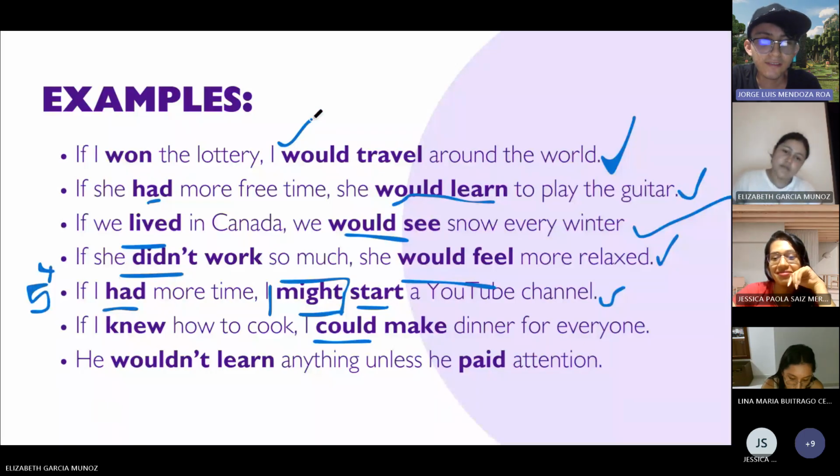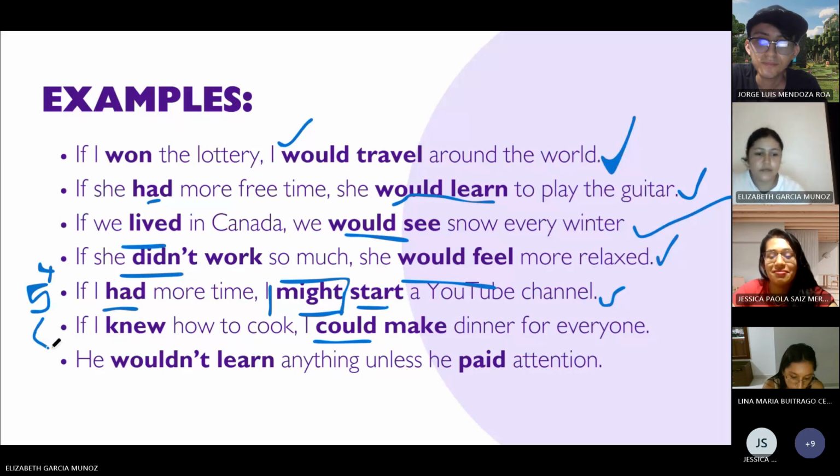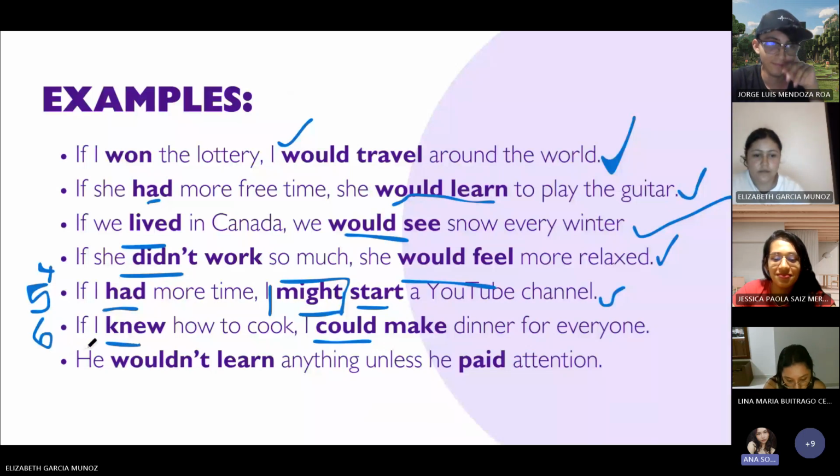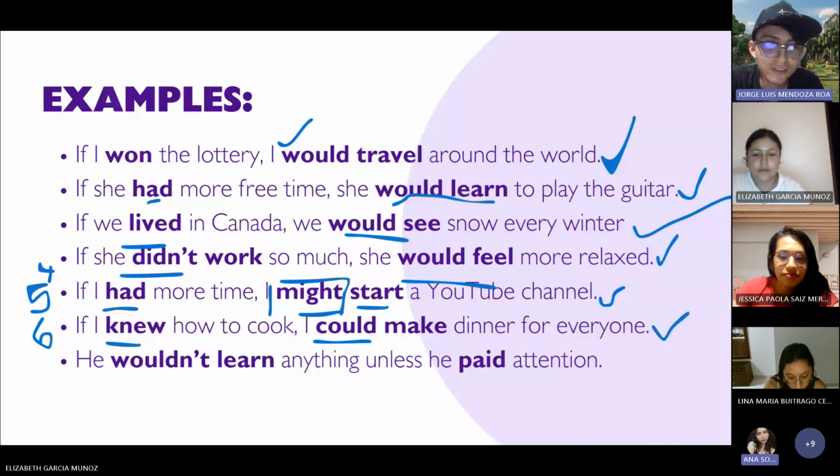Okay, with this one, I don't know who wants to help me. I can help you. Okay, go ahead. If I knew how to cook, I could make dinner for everyone. And in Spanish? Si supiera cocinar, haría la cena para todos.